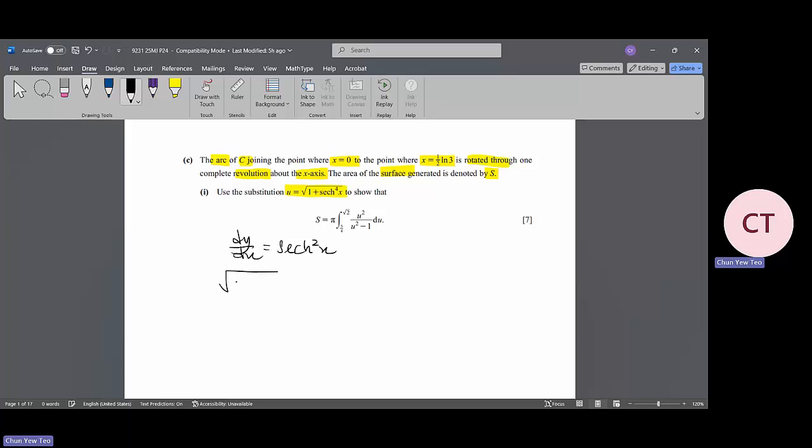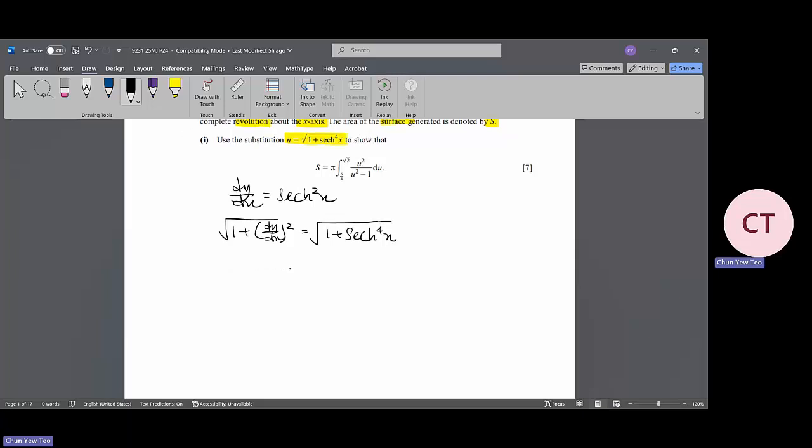Then the square root of 1 plus the (dy/dx) squared is actually the square root of 1 plus sec to the power of 4x. Then your s is equal to the integral of 2 pi y square root of 1 plus (dy/dx) squared dx, from 0 to half ln 3.